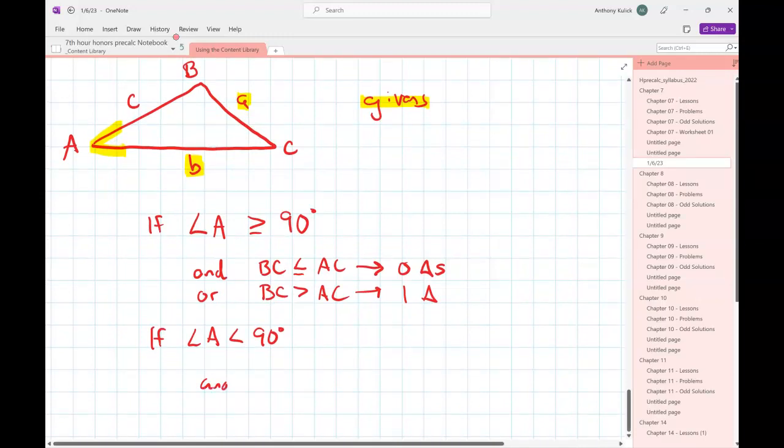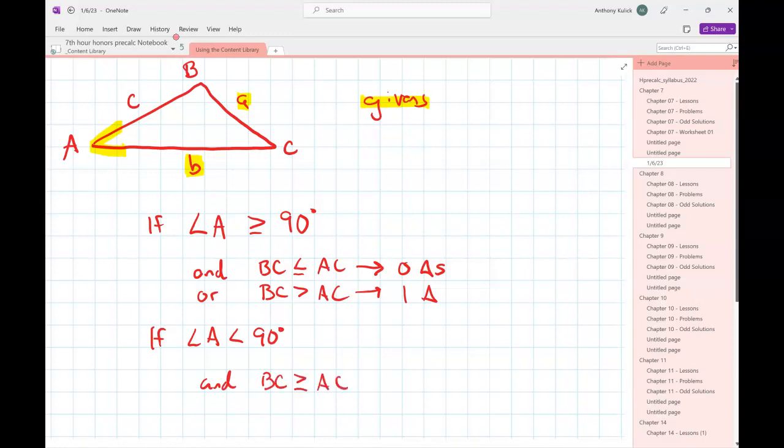So in this situation, if the side opposite that acute angle is bigger than the other side or equal to it, that's our friend. We just get one triangle.